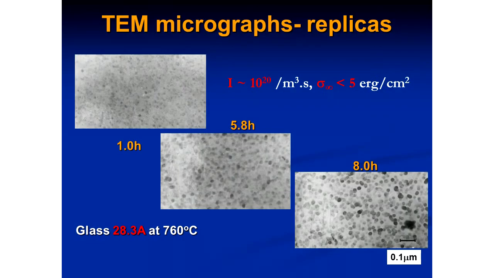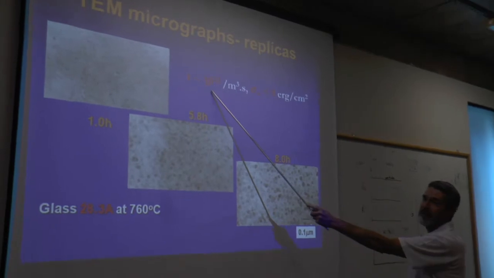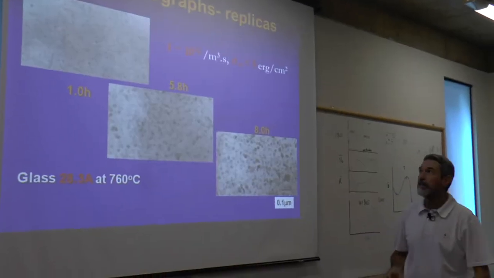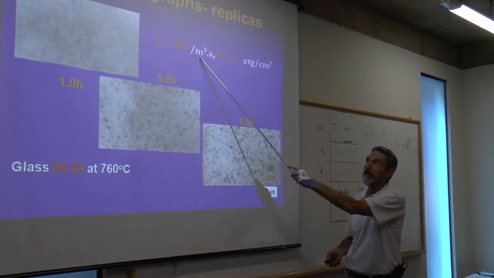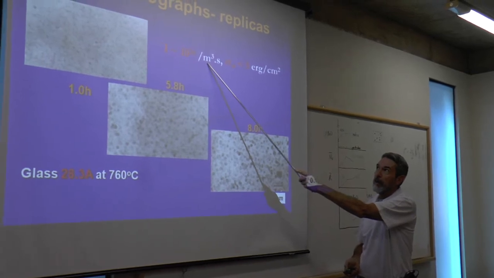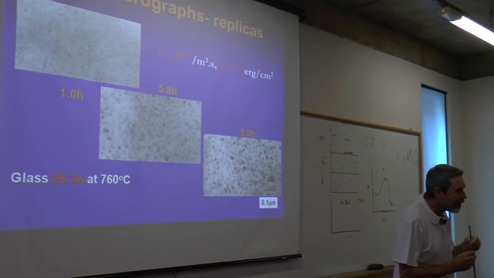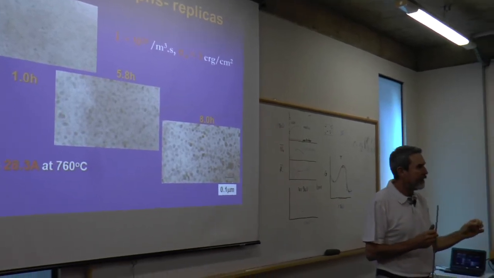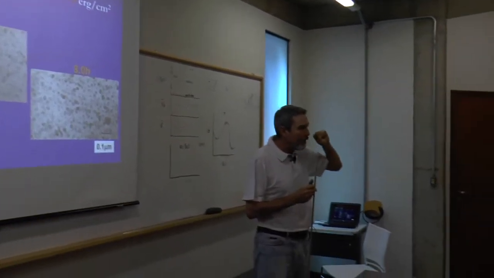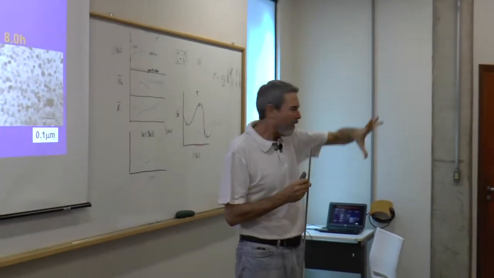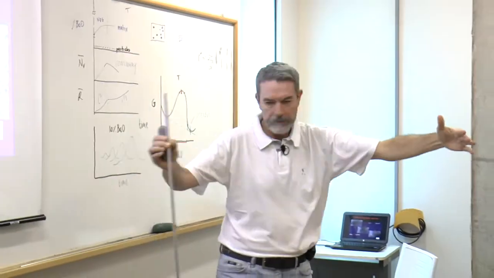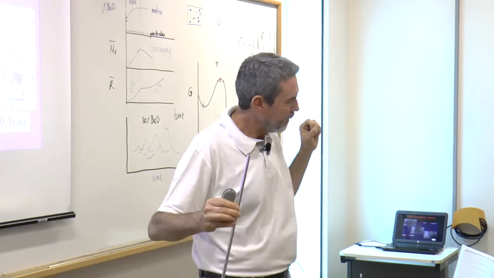So the numbers, in case you are interested, the nucleation rates were 10 to the power 20. This is a huge, huge nucleation rate. 10 to the power 20 droplets per cubic meter per second. Every second you heat treat this glass, 10 to the power 20 droplets form in a cubic meter. I'm talking about a cubic meter.